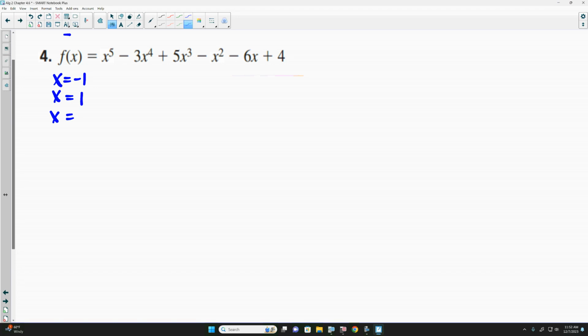Now the number of solutions when we're done should be 5 because it's a degree 5. We need 3. So let's use -1 and 1 first, and then we can go from there.